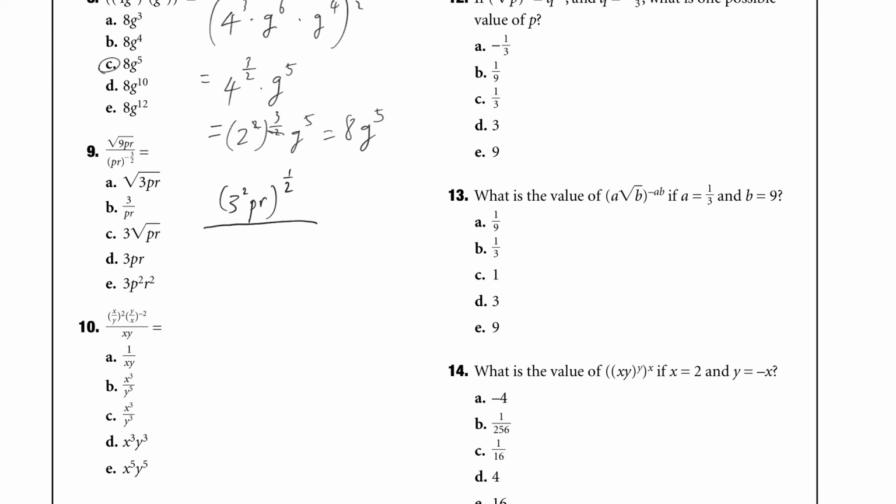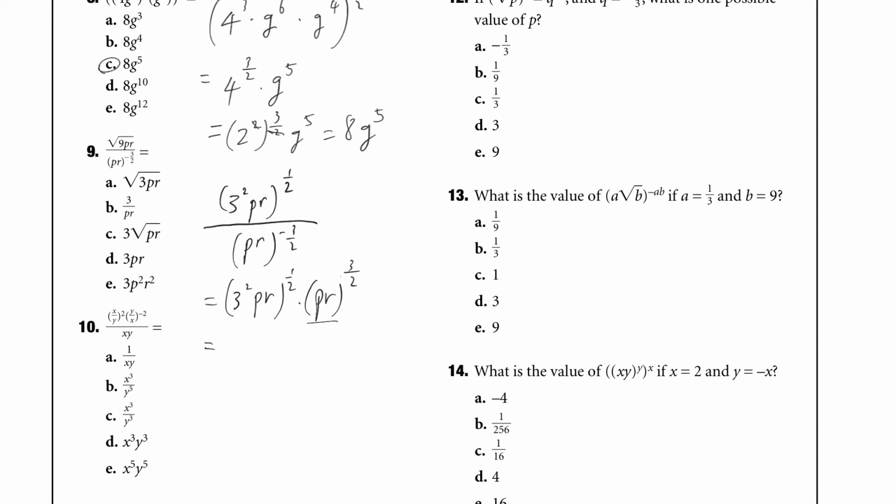What I can do is, sure, I'll just leave it as pr to the power of -3 over 2. And if I want to get rid of the negative sign, I can just invert and multiply, which means the pr is going to come up to the numerator like this. Notice that the negative sign is gone on the exponent for this pr term.